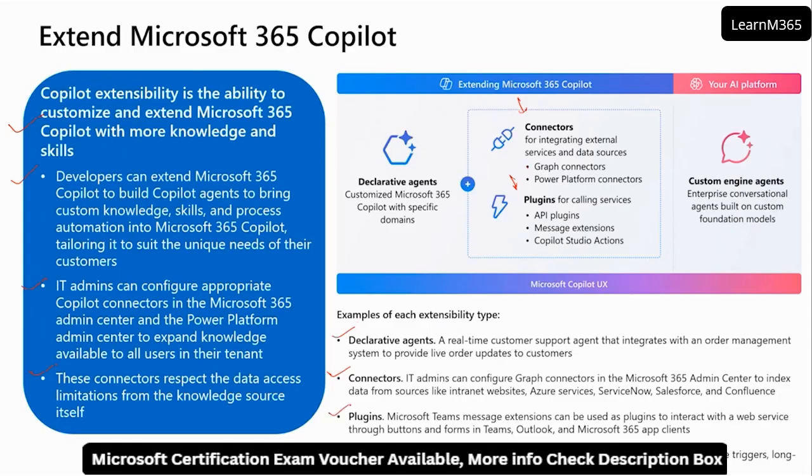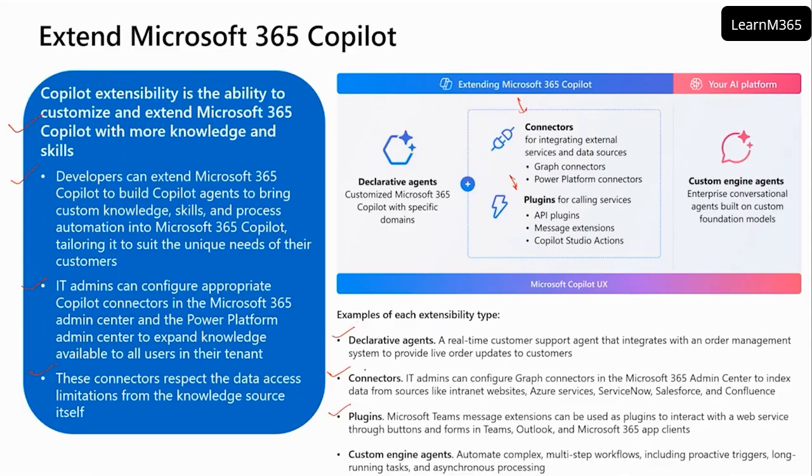Plugins are there: Microsoft Teams message extensions can be used as plugins to interact with a web service through buttons and forms in Teams, Outlook, and Microsoft 365 application clients. Then we have custom engine agents, which automate complex multi-step workflows including proactive triggers, long-running tasks, and asynchronous processing. These are the extensibility options for Microsoft 365 Copilot.